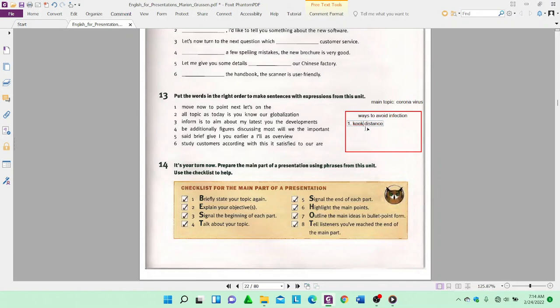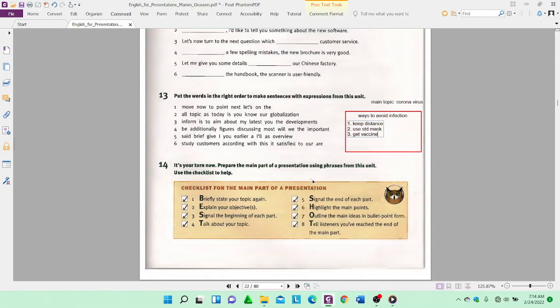Misal ya. And then number 2, use standard mask. Misal. Number 3, yeah, get vaccine. Misal ya. Oke. Jadi kita bisa terapkan ini.